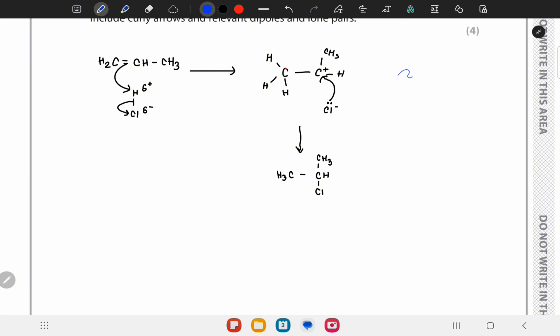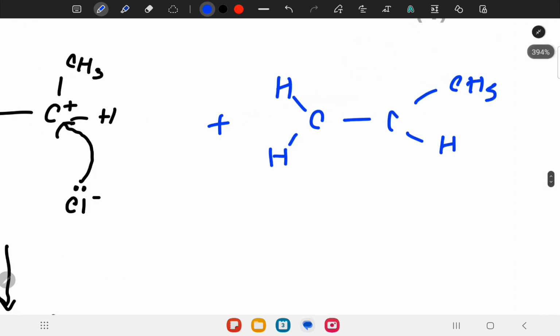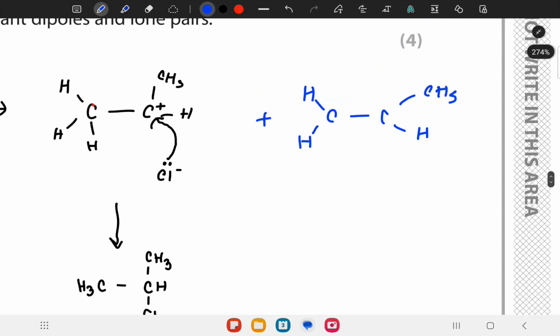In this reaction, the minor product will be this over here. So for the production of the minor compound, CH3CH2CH2Cl, in this case over here, we'll have the hydrogen joining here, and this being our carbocation.